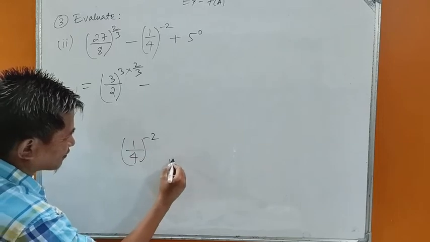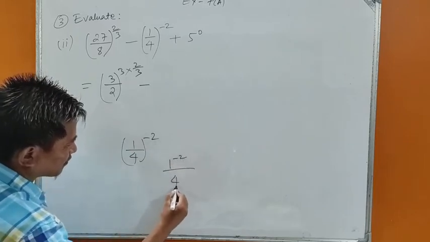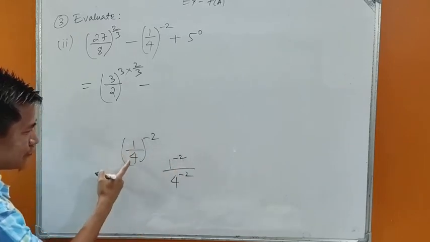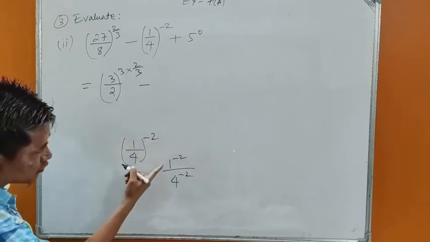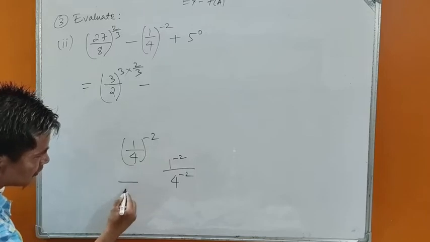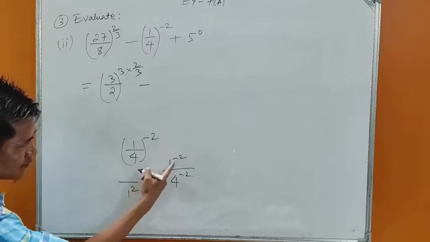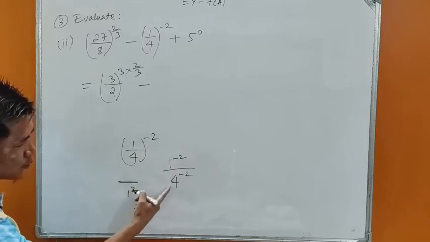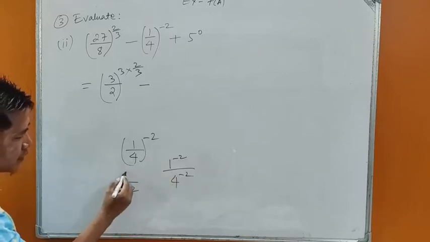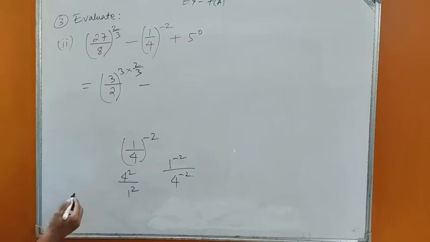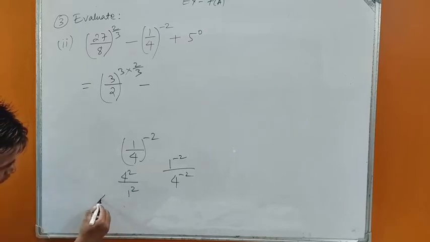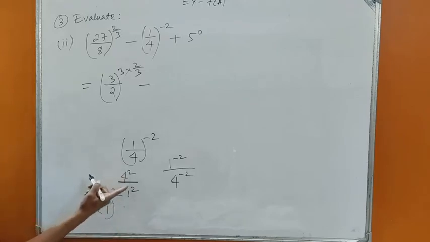This is 1 to the power minus 2, 4 to the power minus 2, because 1 and 4 are both within the bracket, so minus 2 power applies to both. Let's take this 1 to the denominator. So this becomes 1 square, minus power becomes plus power, and 4 to the power minus 2 goes to the numerator, 4 square. So this means 4 square upon 1 square, which can be written as 4 upon 1 whole square.